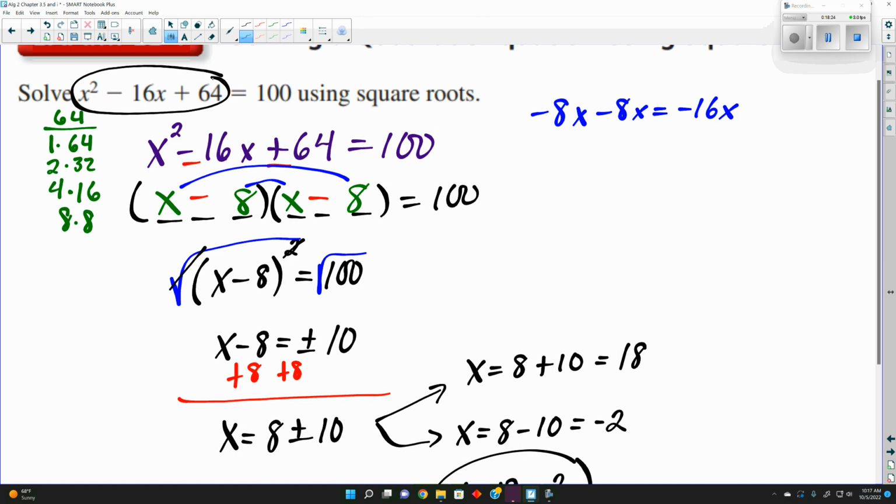Trinomial, a polynomial with 3 terms, and it's a perfect square because we can rewrite it as a single set of parentheses being squared. And that's what's nice for this here, because if we can write every polynomial as a set of parentheses squared, as this perfect square trinomial, then we can use this method for all of them.